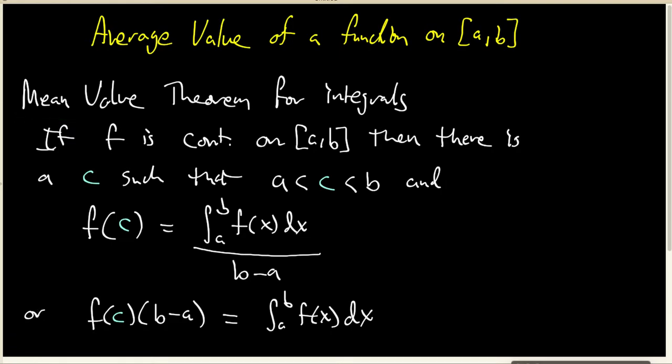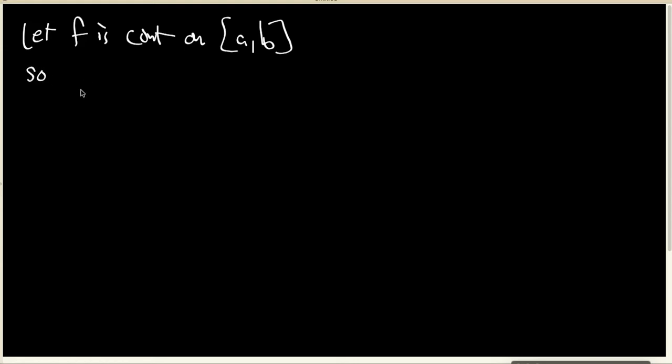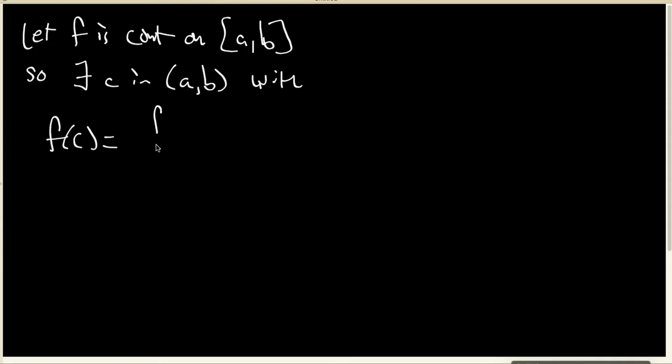So I want to start with that conclusion. In other words, we are going to basically be assuming that f is continuous on the closed interval between a and b. So we do know that there exists a c inside the open interval between a and b with f of c equal to this particular strange number.